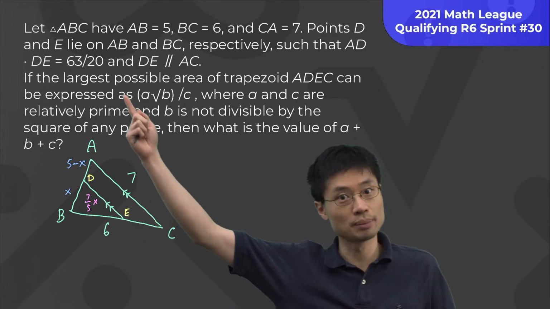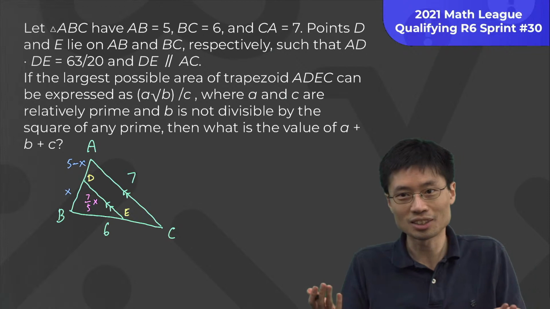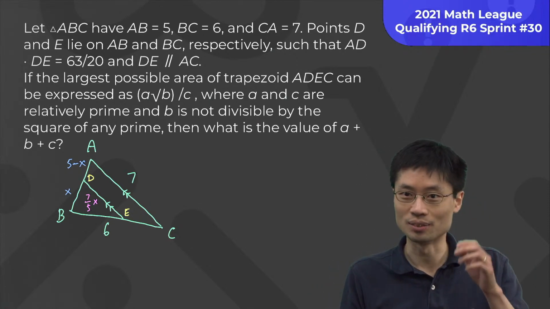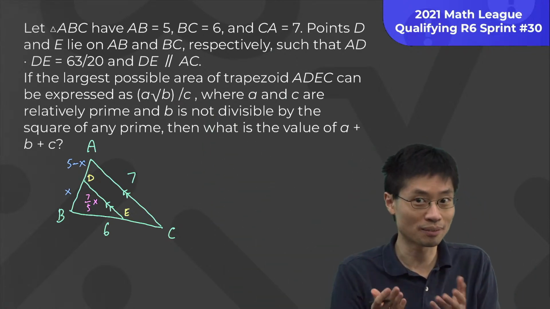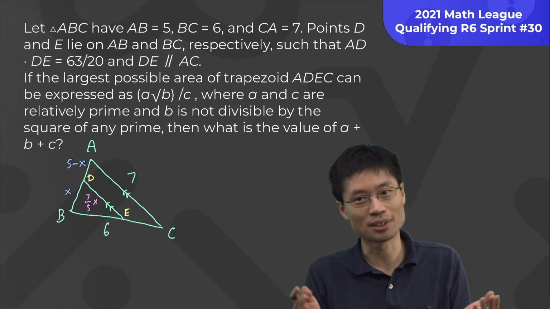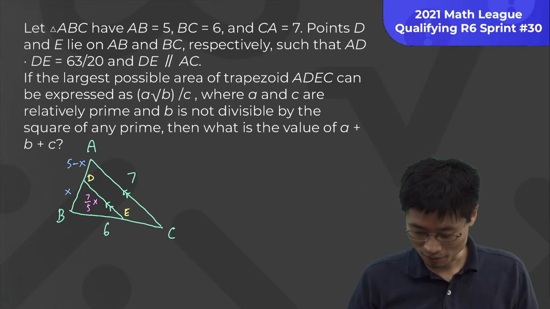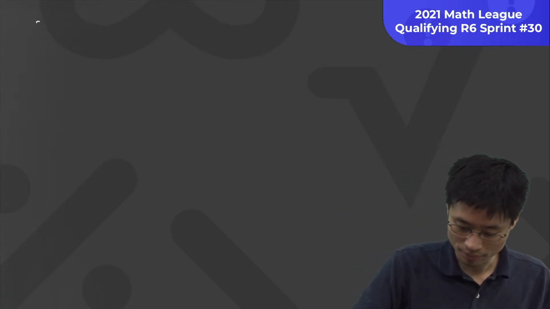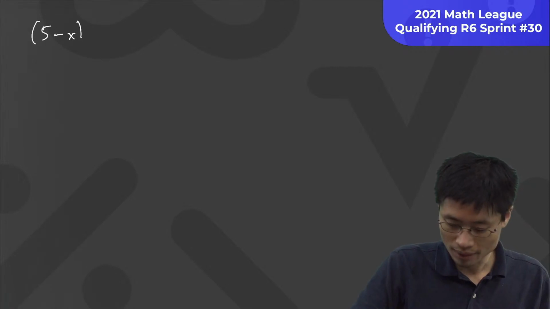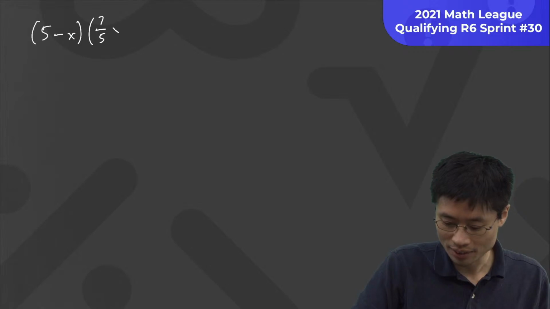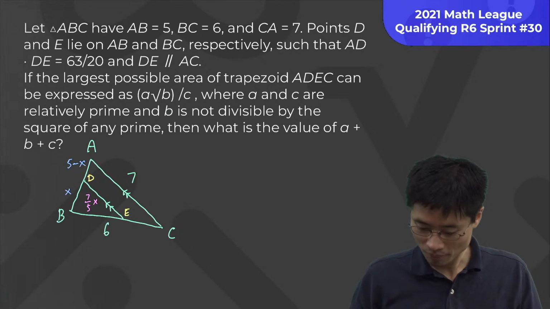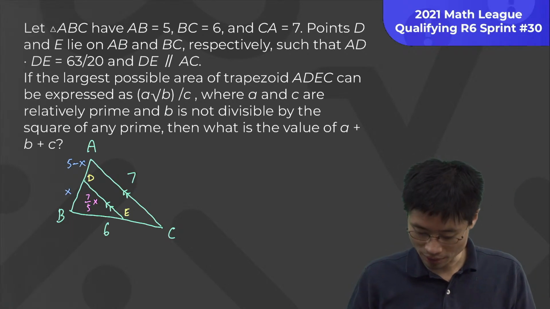That's supposed to be this mysterious number, 63 over 20. Let's solve for x, right? That's all I've got to do. And it says the largest possible, so maybe I've got two choices for x, because maybe I've got a quadratic equation. So 5 minus x times 7 over 5x, that's supposed to be equal to 63 over 20.